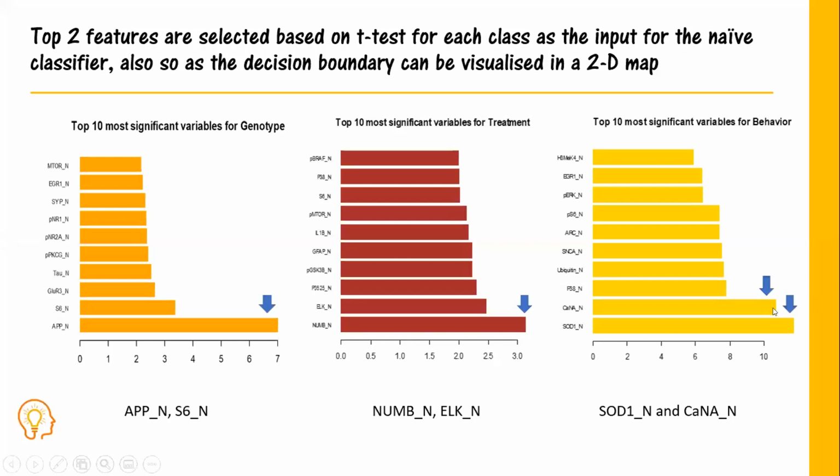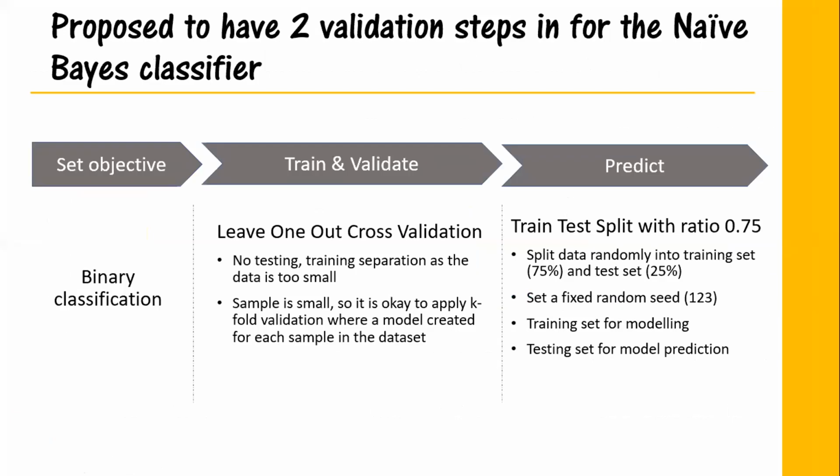Yep, next. This is our method before we do the classifier. We set the objective to do binary classification only, by classifying the genotypes. Then we train and validate using leave-one-out cross validation. The reason we use this is because the sample size is very small.